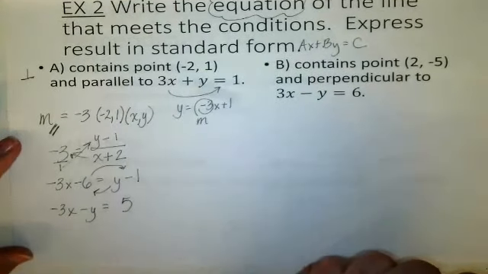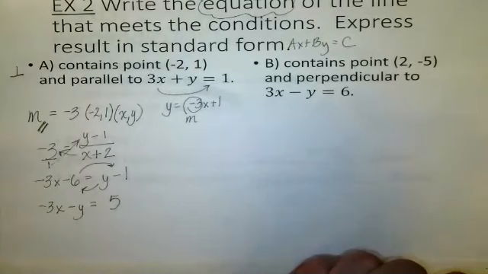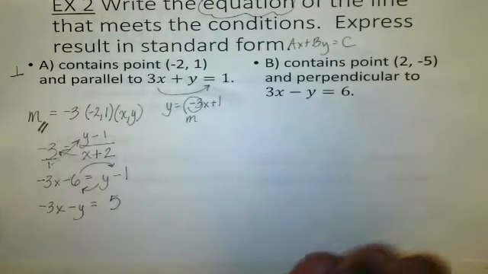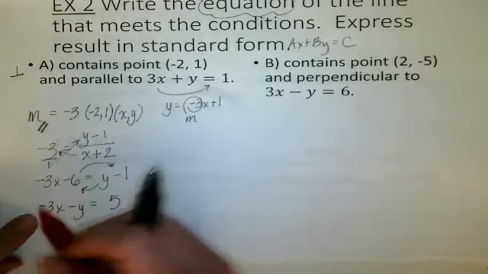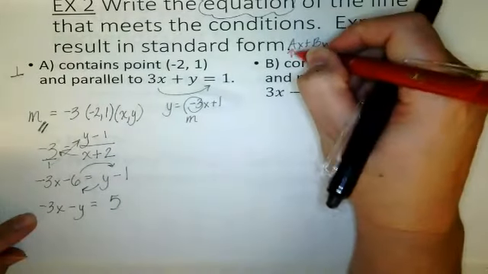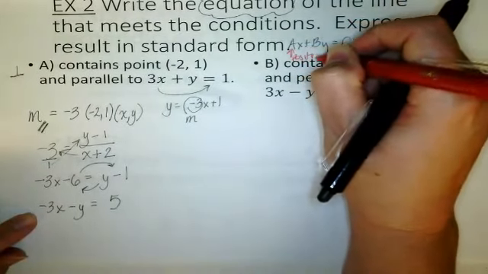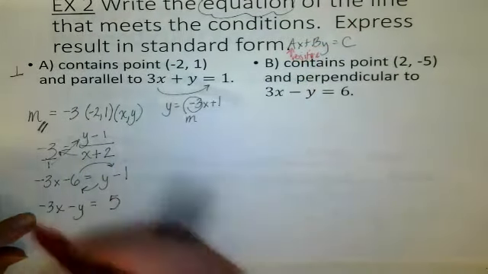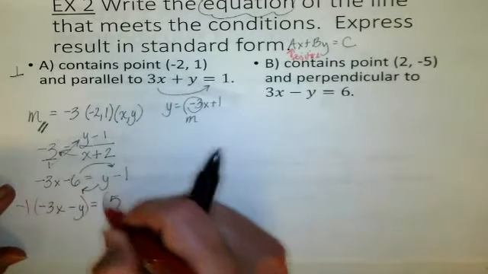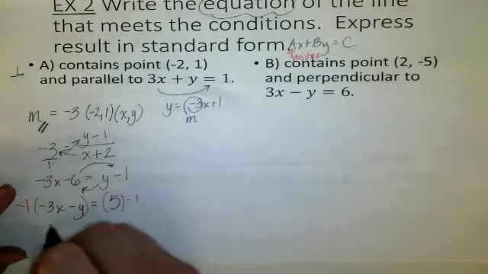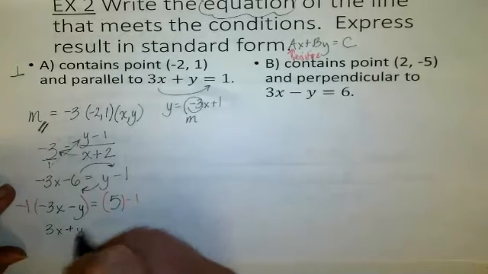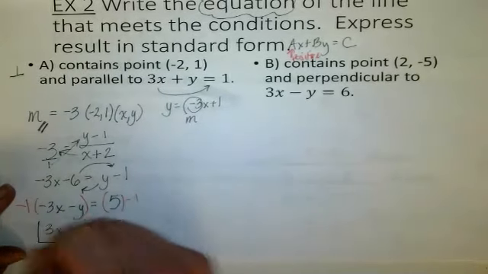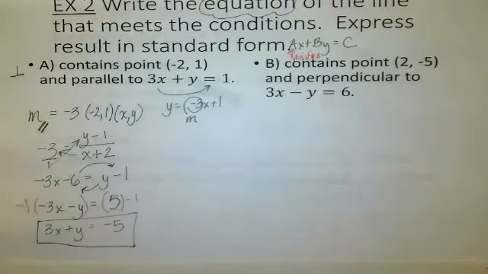Very good. Is this standard form or not? No. What's wrong with this? There's a negative in front. That a term must be positive. So you can multiply or divide everything by -1. So that becomes 3x plus y equals -5. So that is the official standard form.